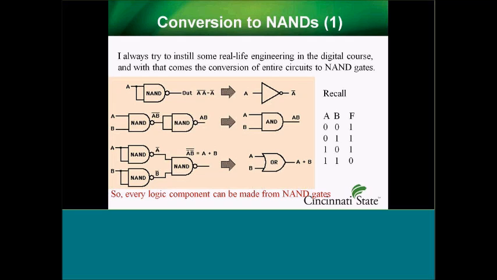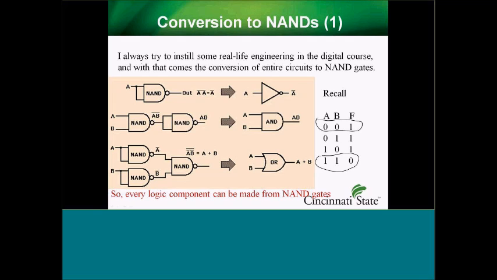And so I tell them that the NAND is unique in that, if you have the same input, if you just tie the inputs together, what does it look like?